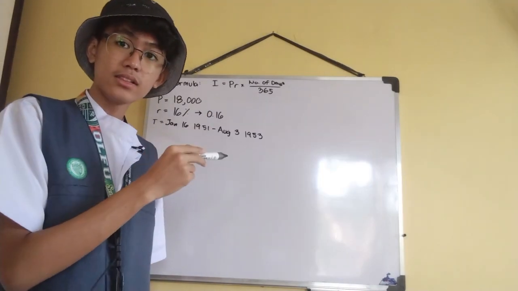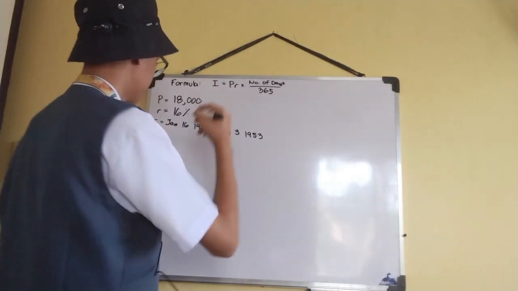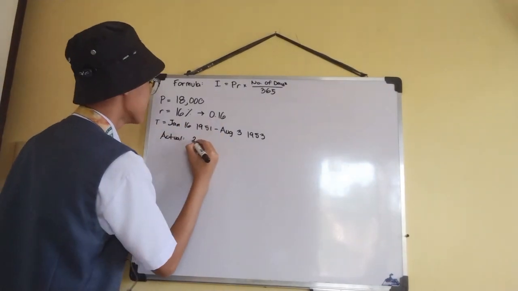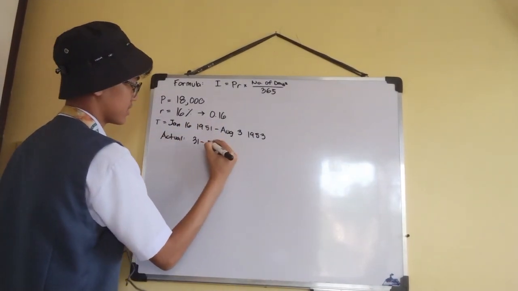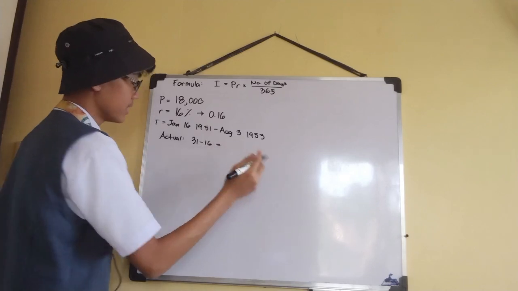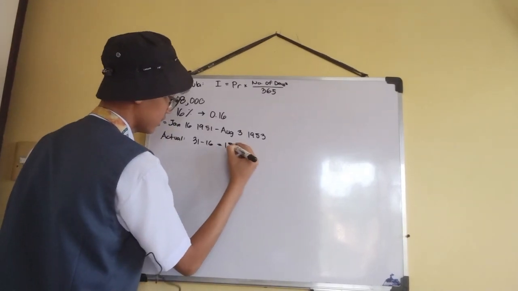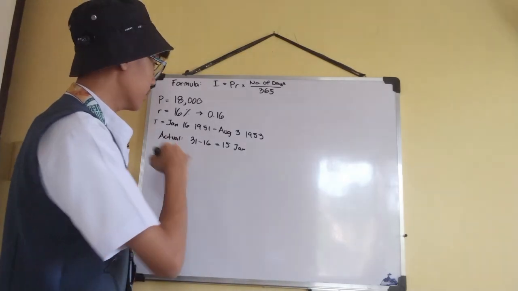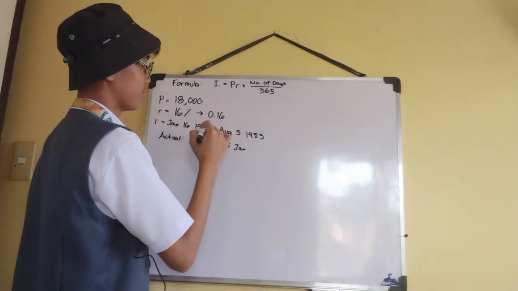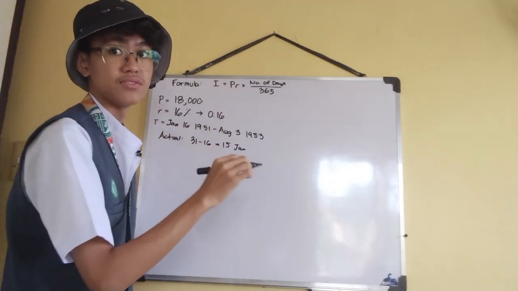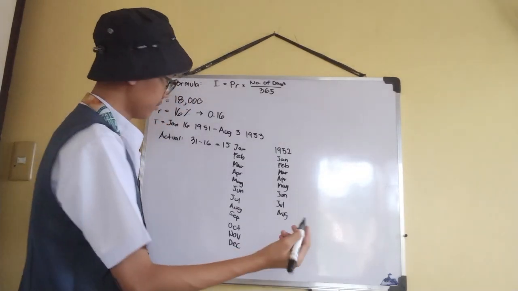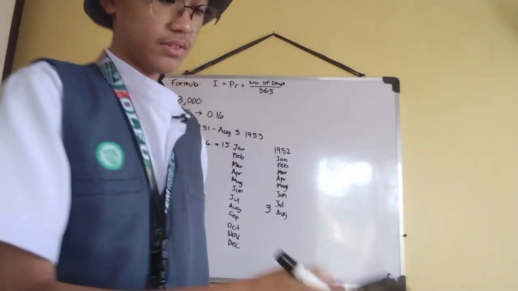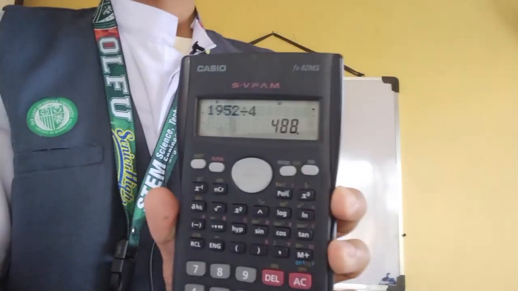Here, I'll do the actual time first. Again, what we did before, we take the number of days, then subtract 16, and that will be 15 for January. Then list all the days between January 1951 to August 1953. After we list all of them, we write 3 here, then identify if 1952 is a leap year.